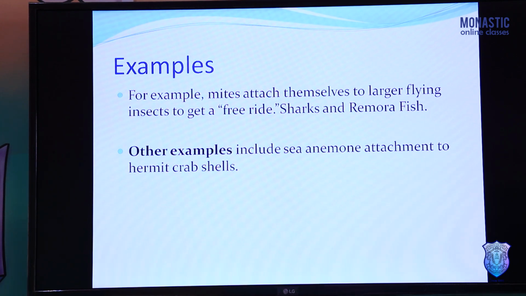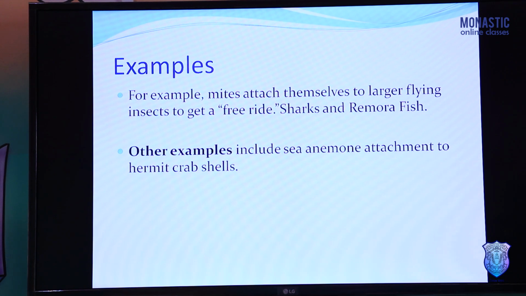Other examples include sea anemone. A sea anemone is an animal which is also found in the sea, as the name indicates. It remains attached to the hermit crab, a simple crab found in the sea.